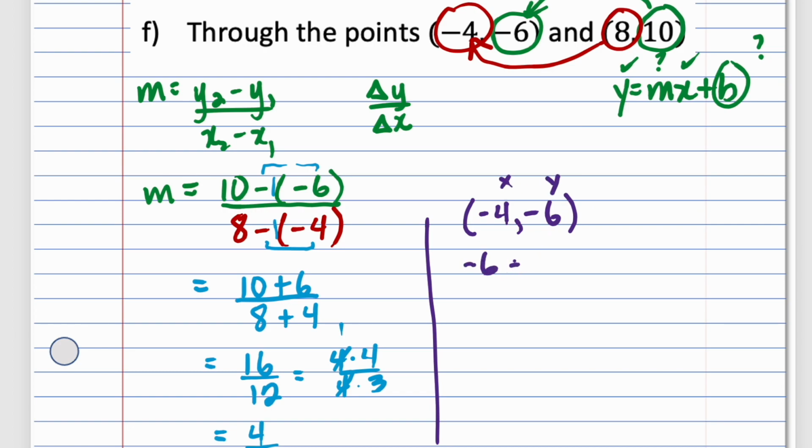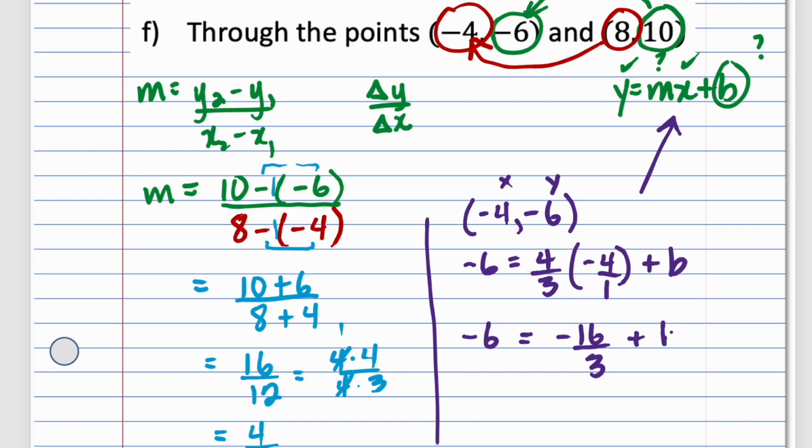Negative 6 is equal to, the slope is 4/3 times the x is negative 4 plus b. We just used that form. That's like 4 over 1. So negative 6 is equal to negative 16 over 3 plus the b. Solve for b.